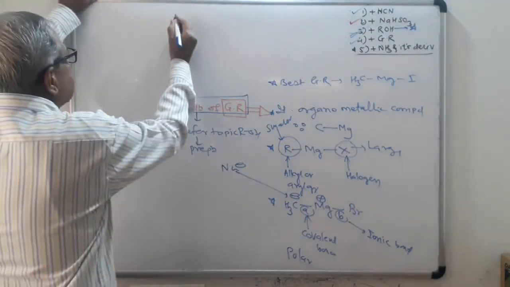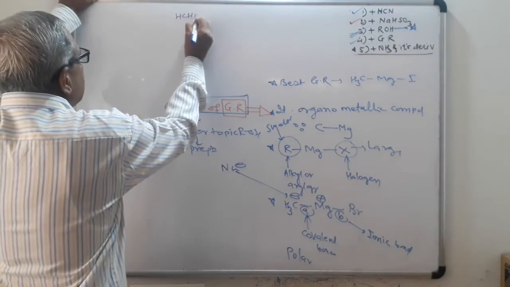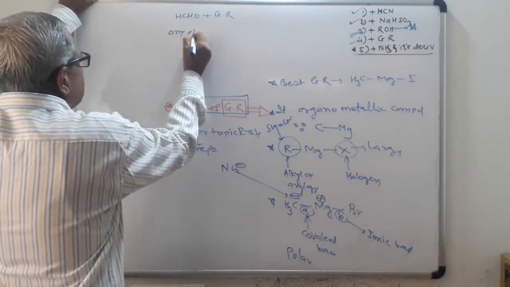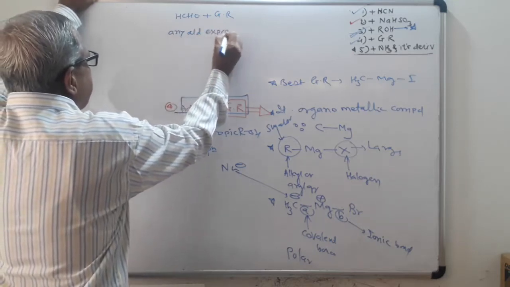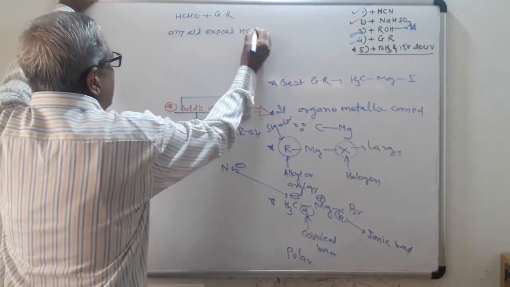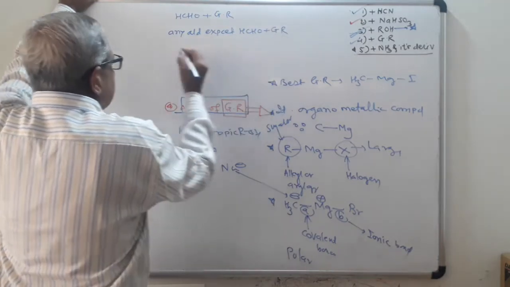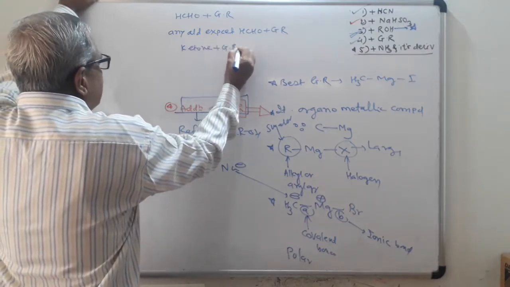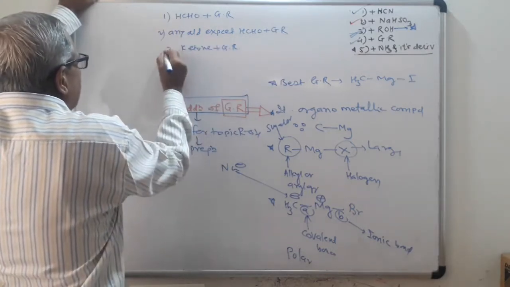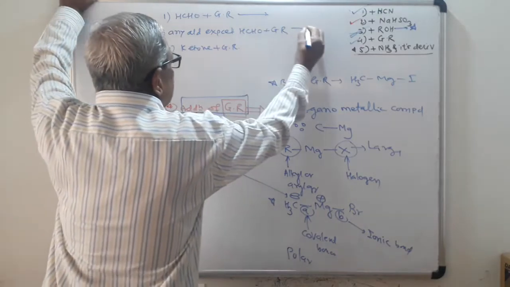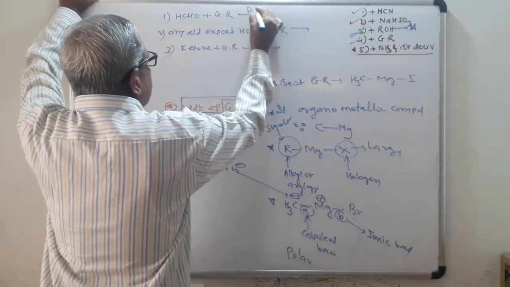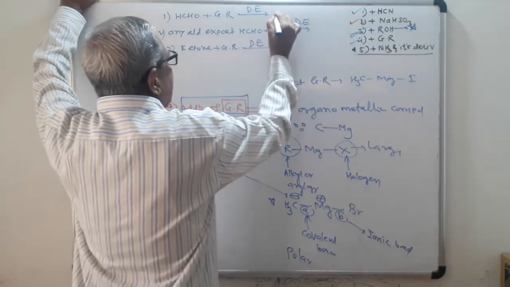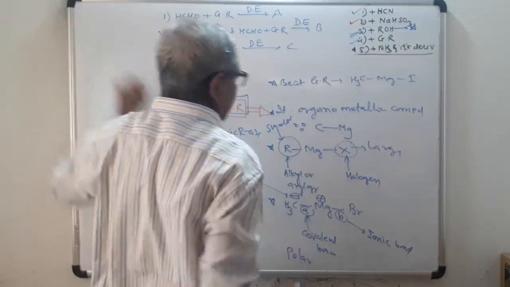Identify A, B, C: HCHO plus Grignard's reagent, any aldehyde except formaldehyde plus Grignard's reagent, ketone plus Grignard's reagent. So these are the three questions, 1, 2, 3. All these three reactions are carried out in the presence of DE. DE stands for dry ether, and the question is to identify A, B, C.